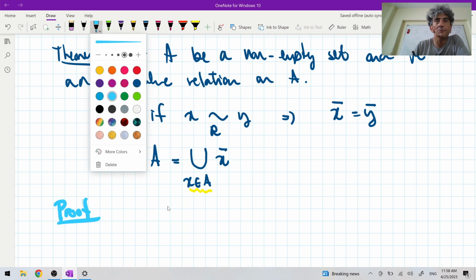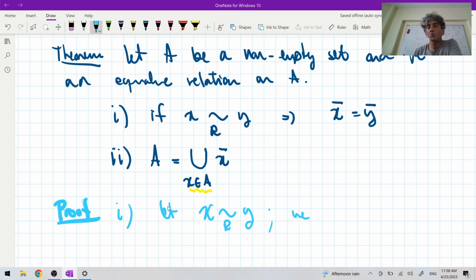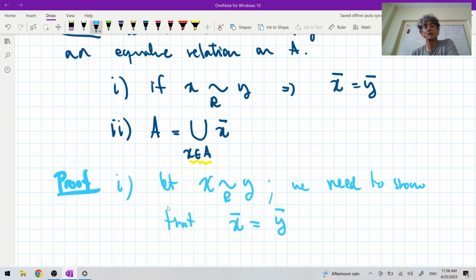Okay, so we need to prove the first thing. So let X be related to Y. We need to show that the set of elements of A related to X is actually the same as the set of elements of A that are related to Y. So we need to show this. This is showing that two sets are the same.